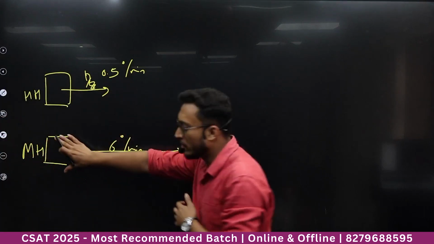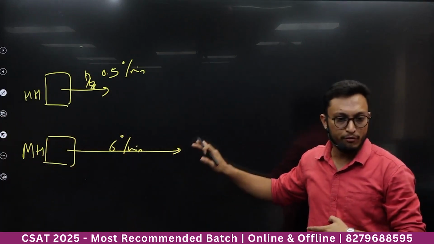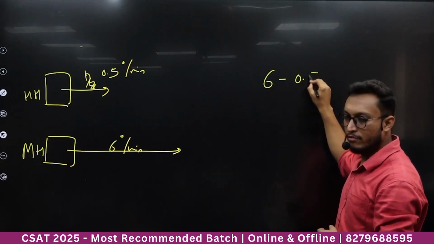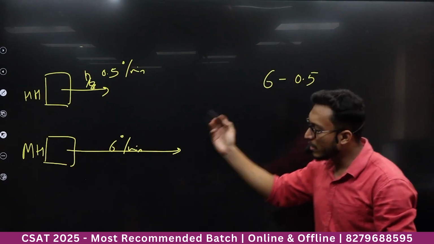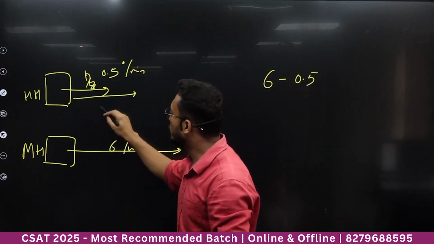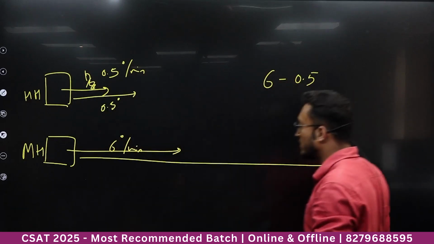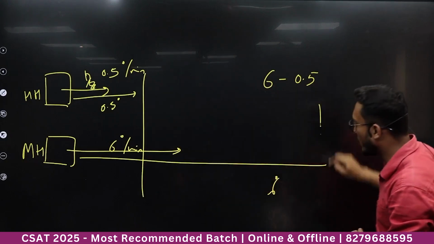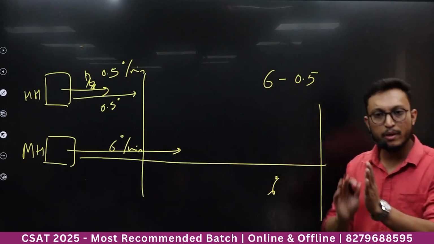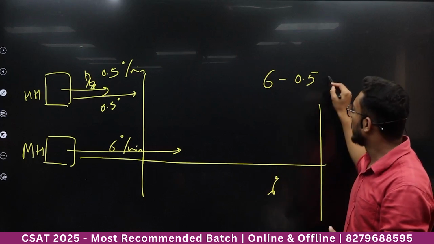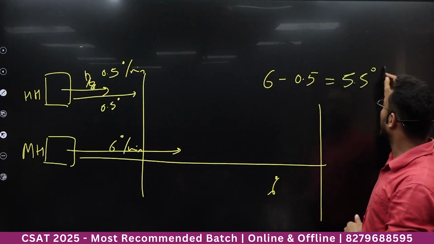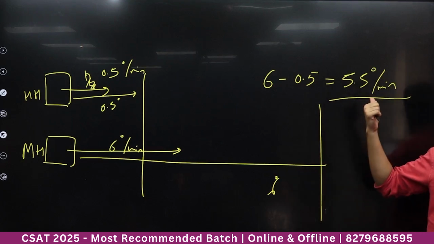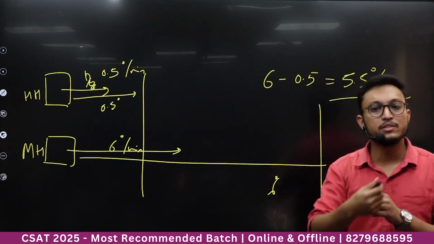That minute hand rotates with a speed of, या moves with a speed of 6 minus 0.5. अरे एक मिनट में this will move by 0.5 degrees and this will move by 6 degrees per minute. So this difference in their rotation will be 6 minus 0.5, that is 5.5 degrees per minute. ये समझ में आ रहा है? That this is the difference in their speeds.